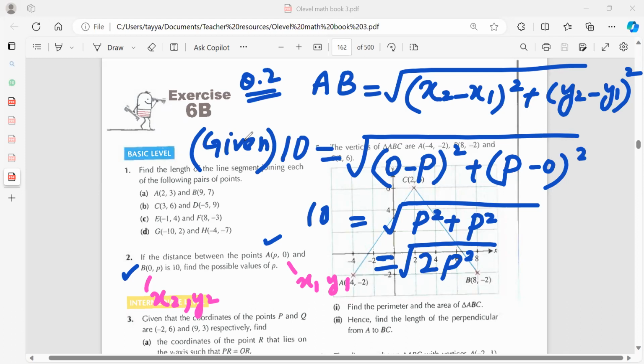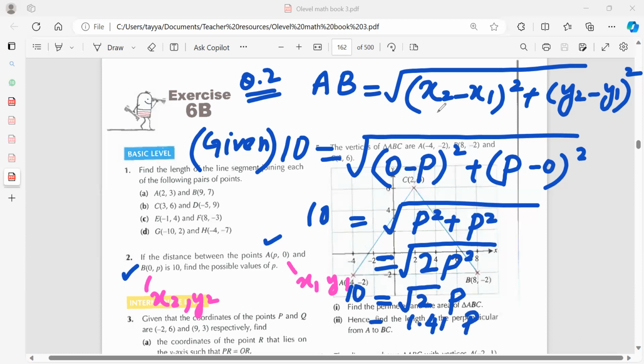Right? 0 minus P, and this one will be P square. Okay, take the square root of 2, and P will come out from the square root. So the square root of 2 is 1.41.